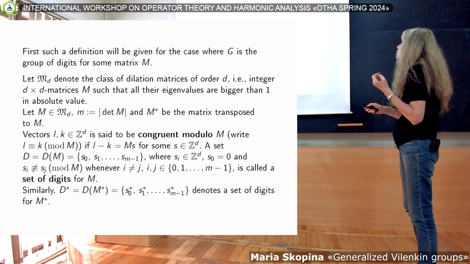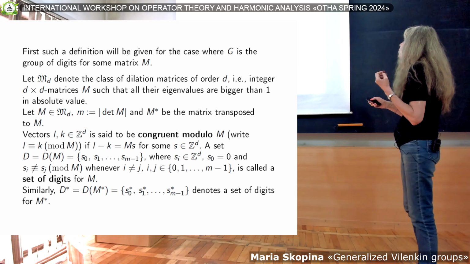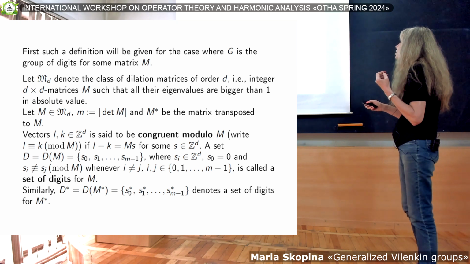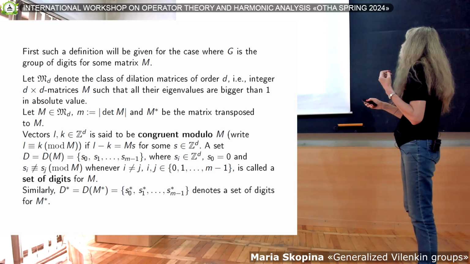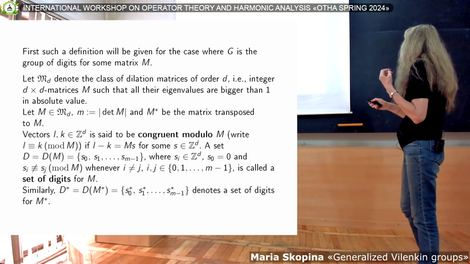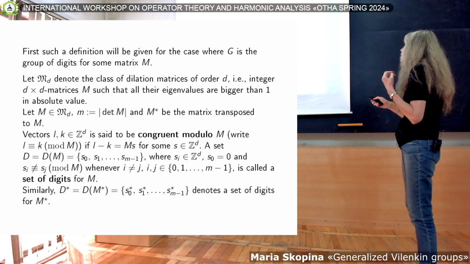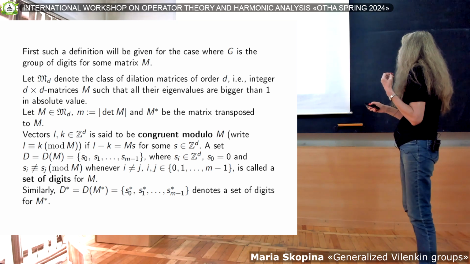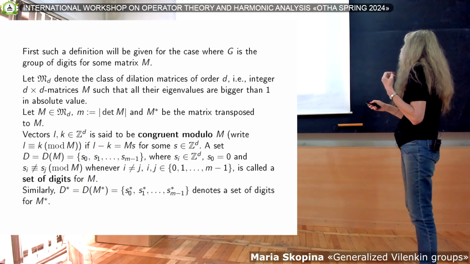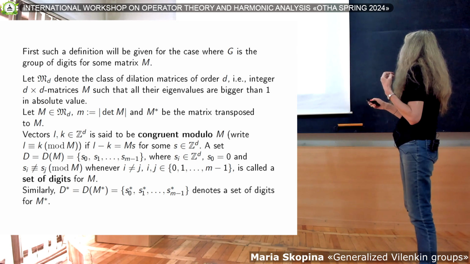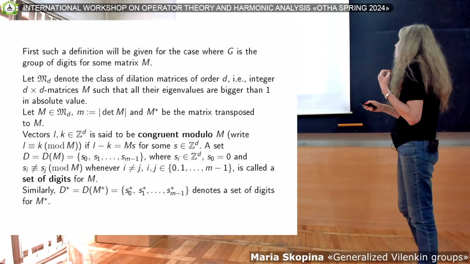And what is the set of digits? D of M is the set of digits. We say that integers l and k in Z^d, in Euclidean space, are congruent modulo M, and write it in this way, if the difference is equal to Ms, where s is an integer.